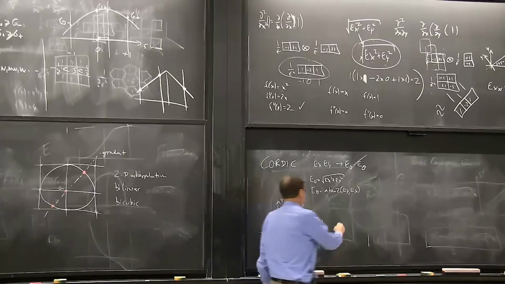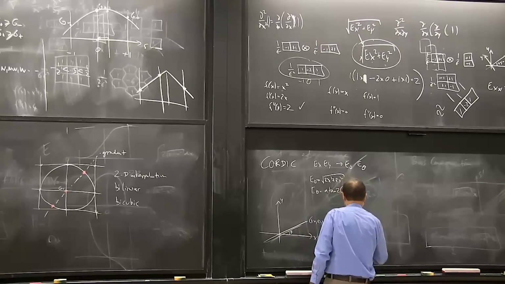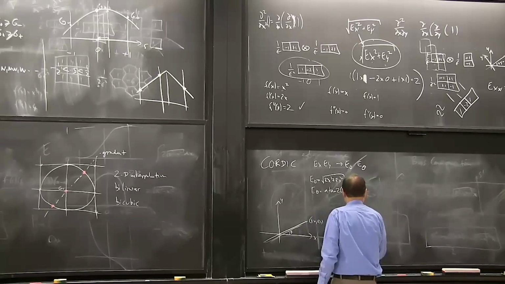Right? So we're aiming for where E0 is just EX prime, and EY prime is 0. Let me write it this way around.